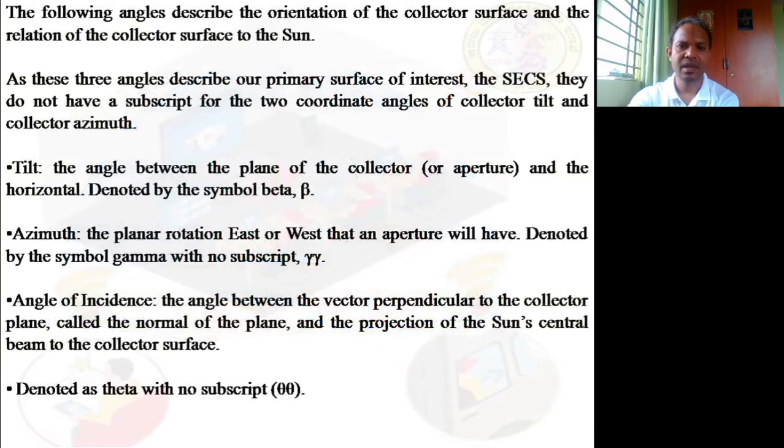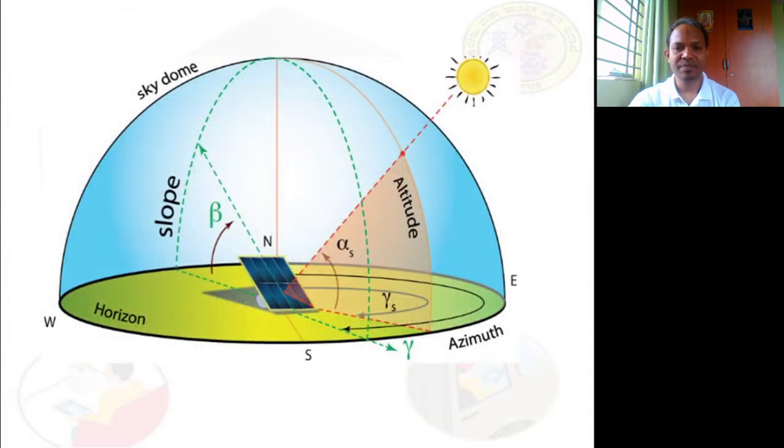In this, the azimuth angle is the planar rotation east or west that an aperture will have, denoted by the symbol gamma. That means this is east and west. The horizontal angle, as you can see, the panel is over here. You can make it out with the black line which has been drawn over here.